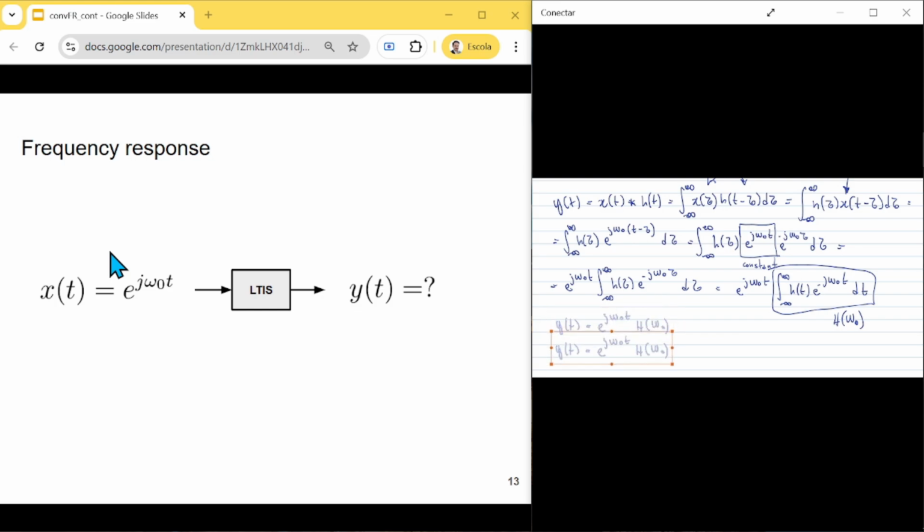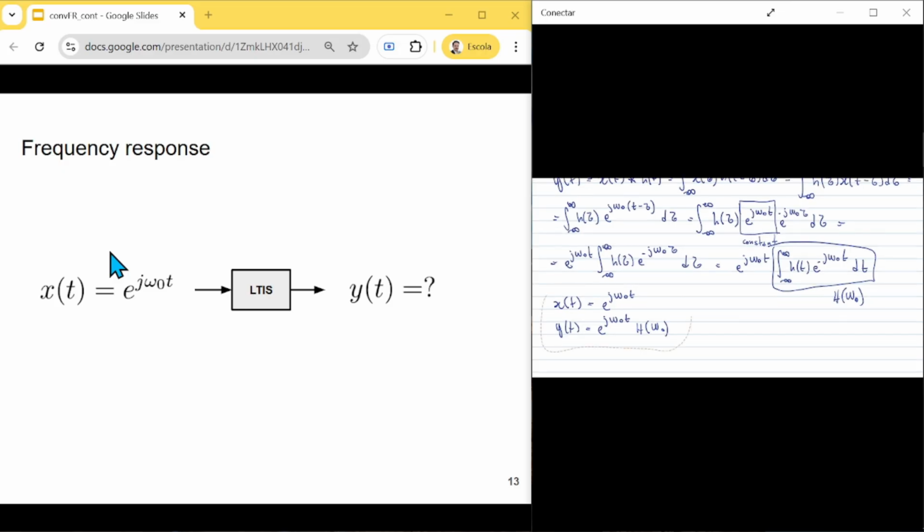So again, just like in the discrete time case, we see that when x of t is a complex exponential of this type, then the output will be the same exponential, just multiplied by some complex scalar H of omega.